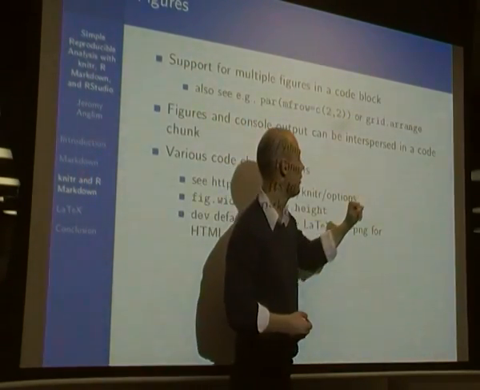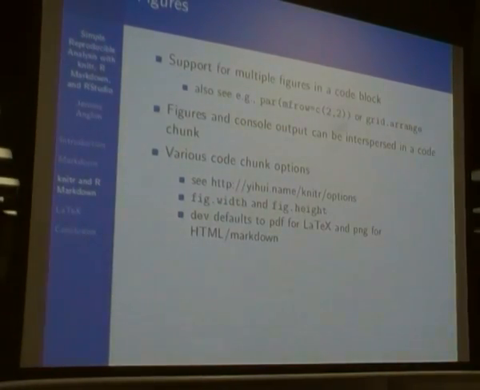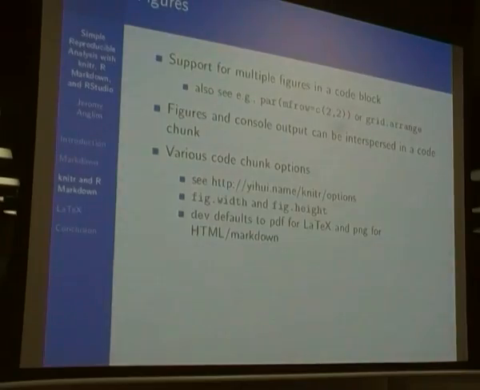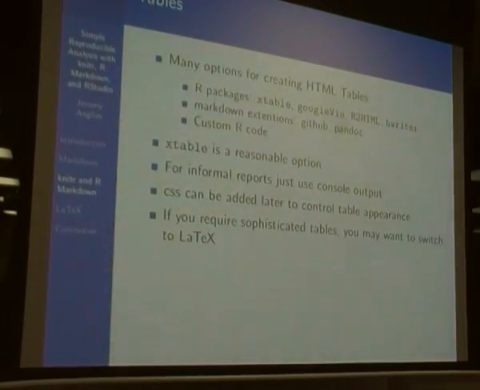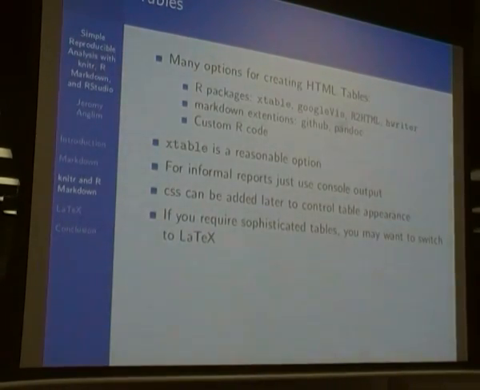Or if you're into ggplot, you could use something like the grid arrange function, which allows you to have multiple ggplot graphs in one spot. As I mentioned, if you're wanting to do HTML tables, xtable seems like the way to go. If you're really keen, you can output raw stuff yourself, write custom code, or you could use the GitHub extensions.